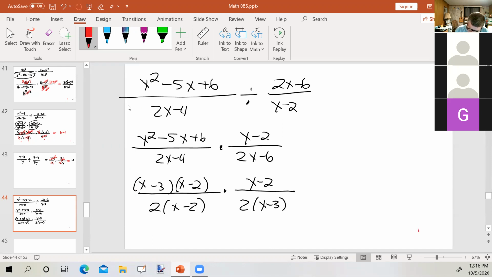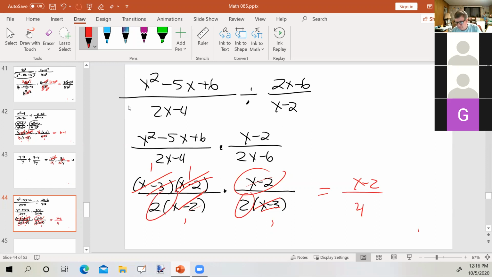Let's see. I could cross these out, or I could have done this one, but I can only do one of them, so I'll do those. And then those. So I've got what? x minus 2 over 4. All right with that? Yes.